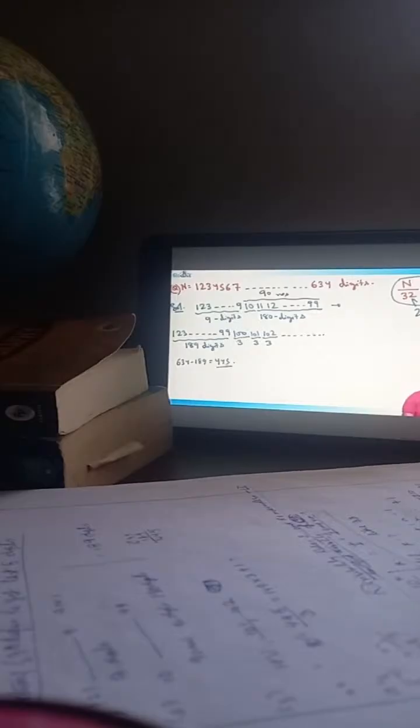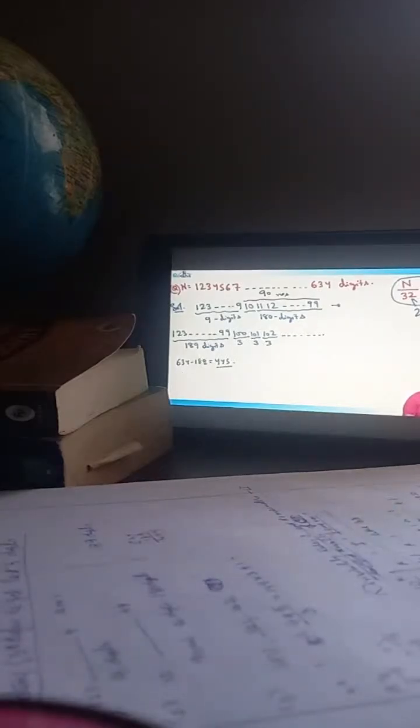So we will see till which number it will go in multiples of 3, because 445 is not a multiple of 3. So since 445 is not a multiple of 3, till which number it will go?